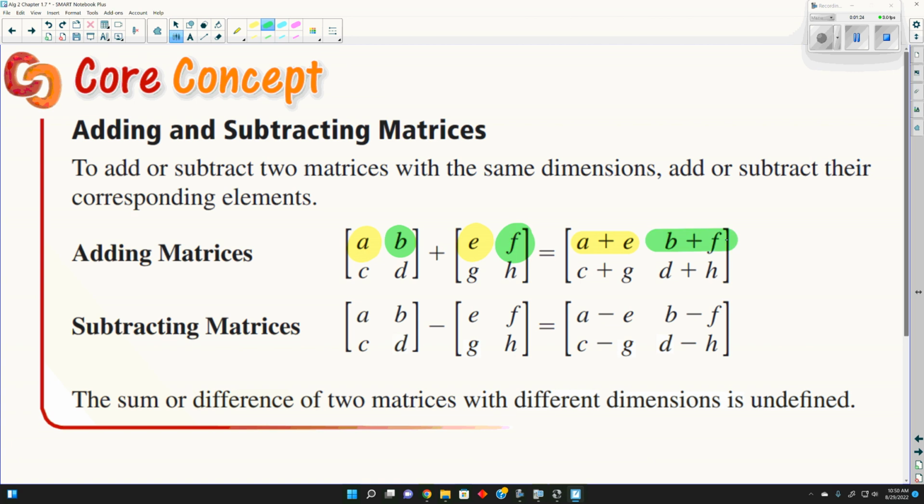The ones that correspond we'll add together because we're adding. C and G are in the same spot, so we'll add those together. And lastly, D and H are in the same spot, so we would add those together because we're adding the two matrices. It goes the exact same way with subtraction. You would subtract the corresponding elements instead of adding.